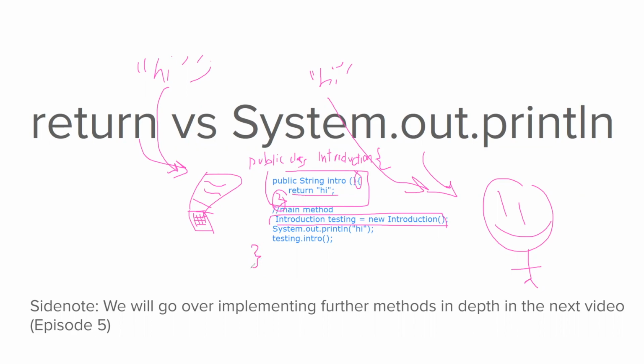Not that good at drawing brackets. So we needed to create this new object. So we have the object testing, okay? And when we want to call a method, we need testing, which is the object name, dot method name, okay? We will go into further depth on this later on. But what this does is it calls intro.